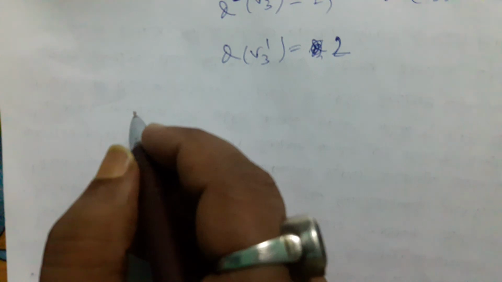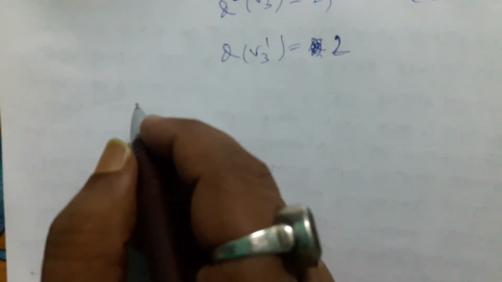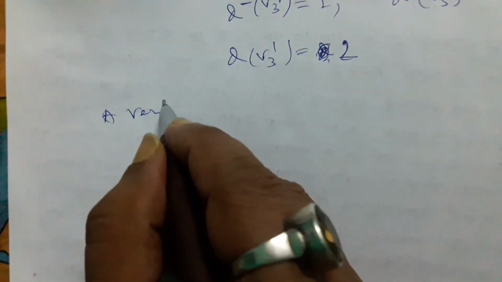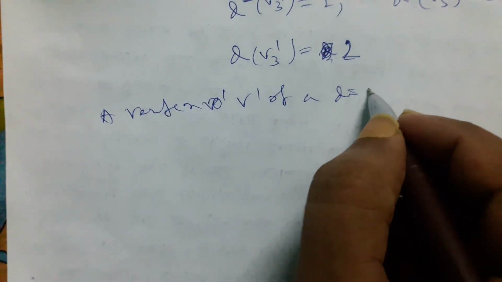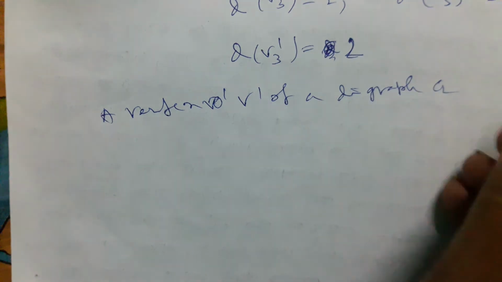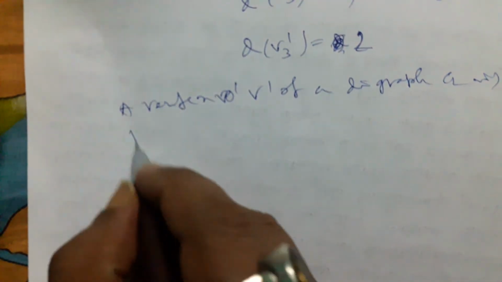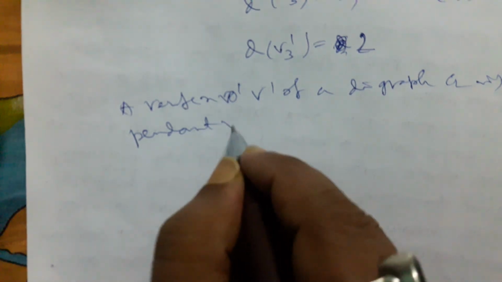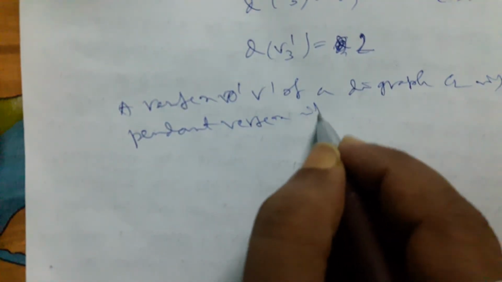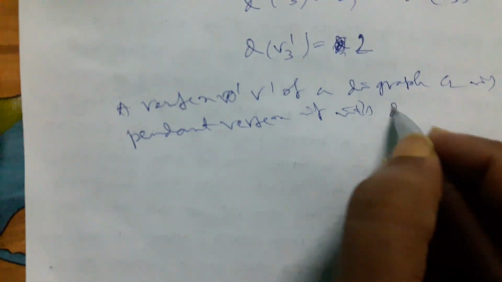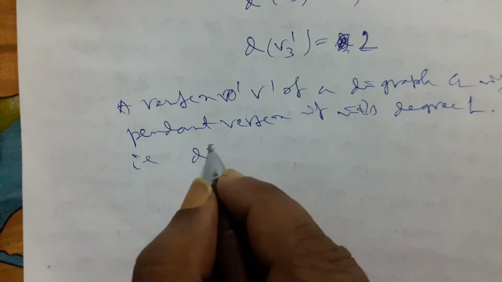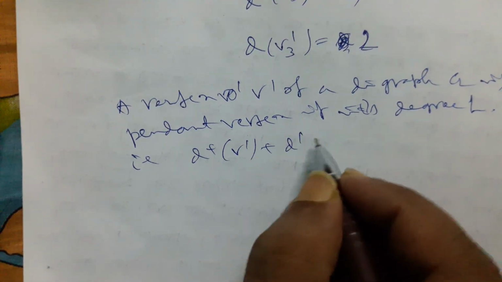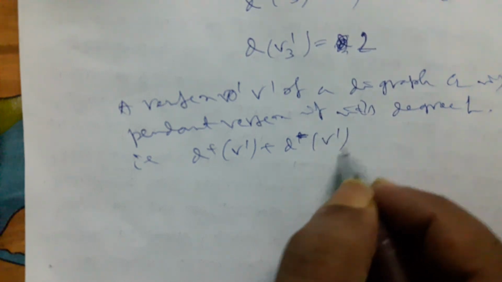A vertex V dash of a digraph G is called a pendant vertex if its degree is 1, that is, D plus V dash plus D minus V dash is 1.